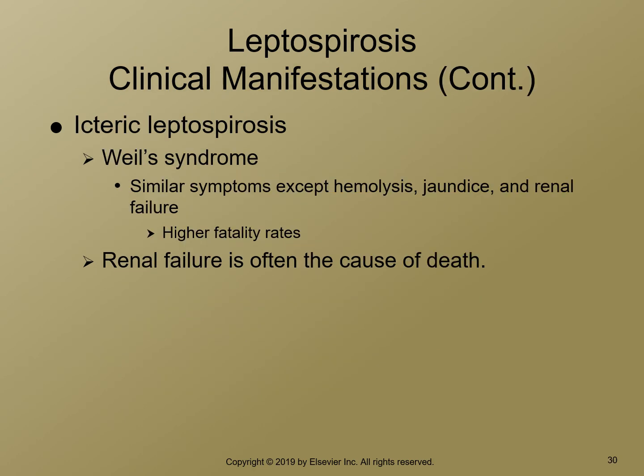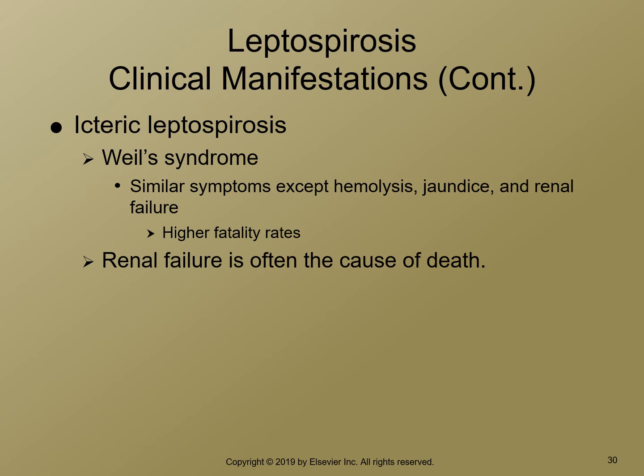Another form of leptospirosis is known as icteric leptospirosis, and this is caused specifically by the Leptospira interrogans serovar icterohaemorrhagiae. Remember, going back to our chapter discussing spirochetes, there are over 250 serovars of Leptospira.